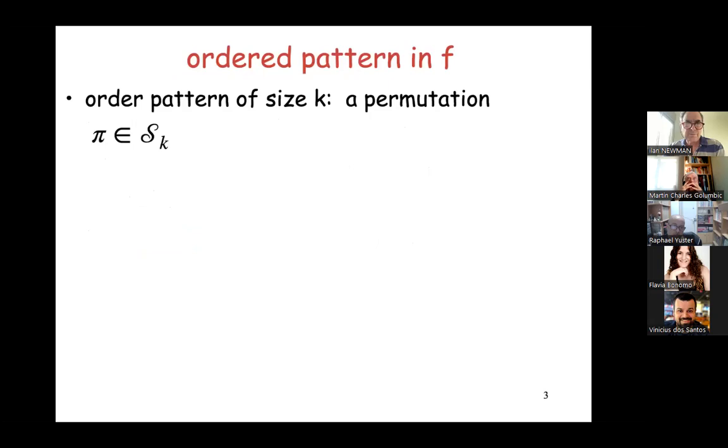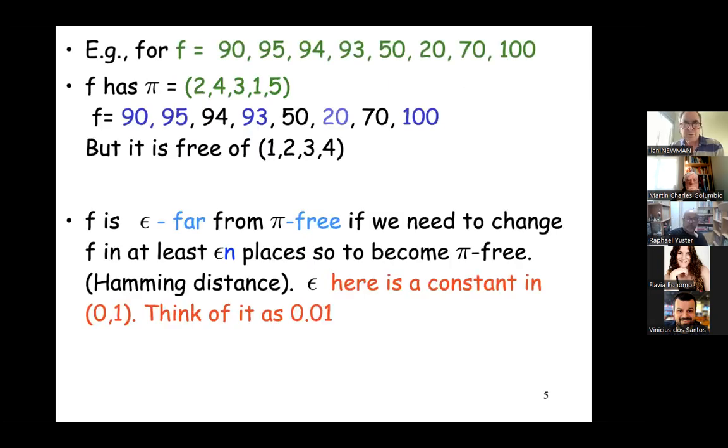In a moment. So what I've defined as distance, let me go back here. So we said that it's epsilon far if you have to change at least epsilon n places, namely replace the values in epsilon n places.